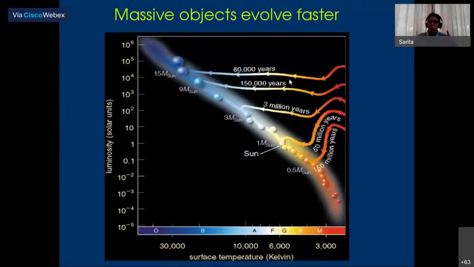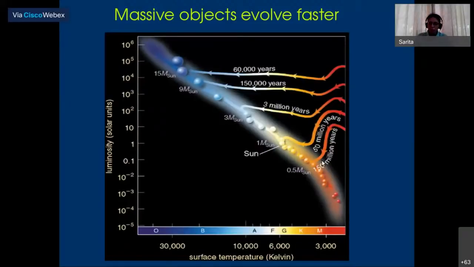For example, a 15 solar mass star takes around 60,000 years to reach the main sequence phase. On the other hand, let us look at the sun. For the sun to reach the main sequence phase, it takes about 50 million years for the cloud to get assembled, go through these various processes and reach the main sequence phase.